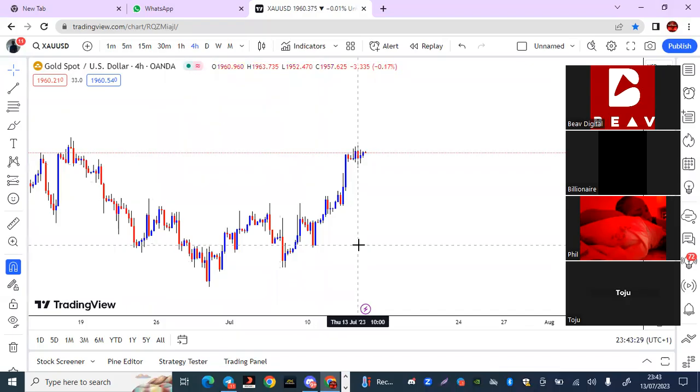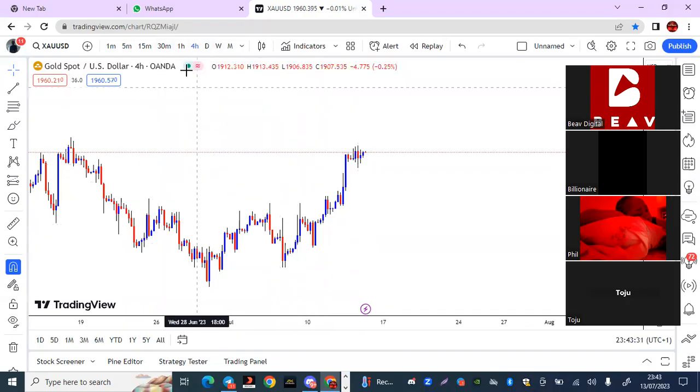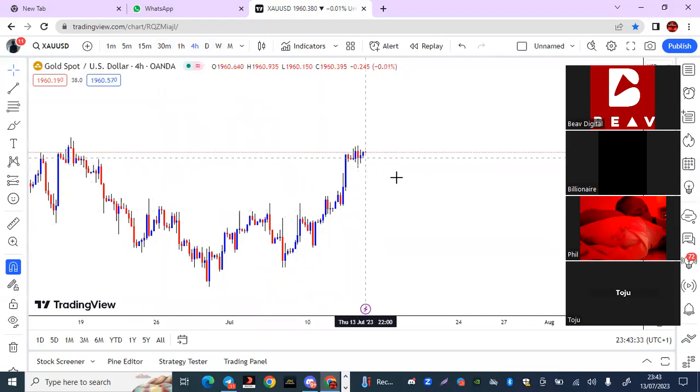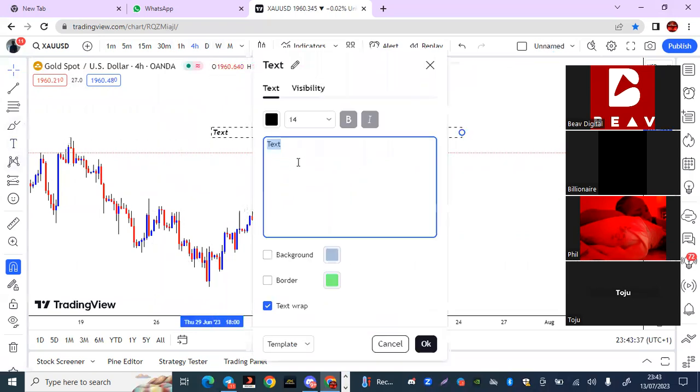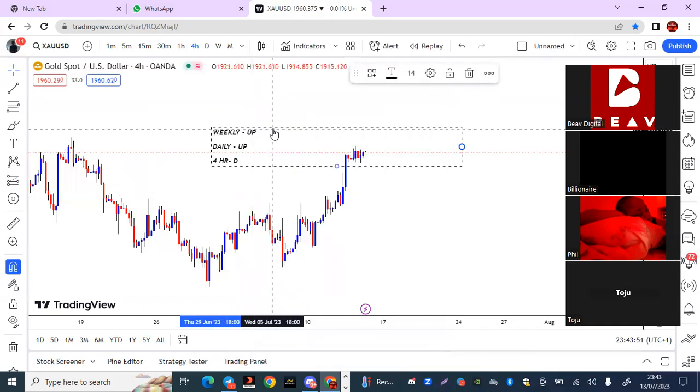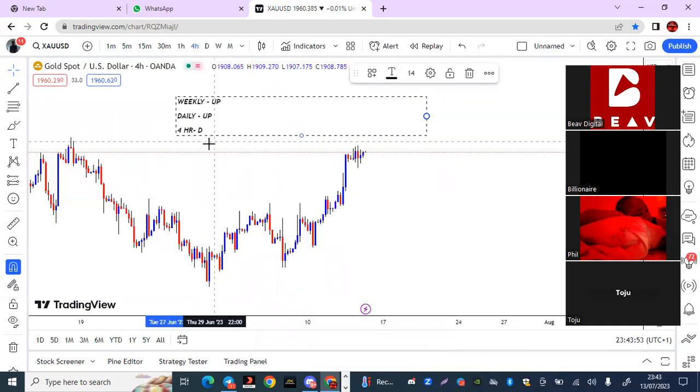So I've already talked about the time frame combination. Now, when I look at the weekly, if the weekly is up, that's uptrend, the daily is up, and then the 4-hour is down. If we have this scenario, we know that the higher time frames are up, right? Uptrend.